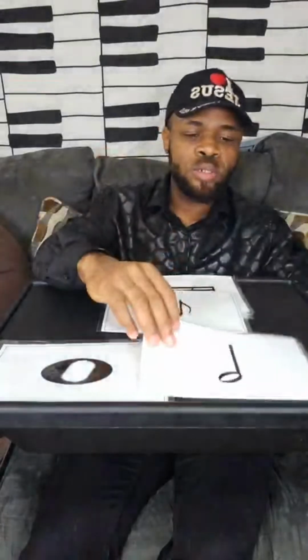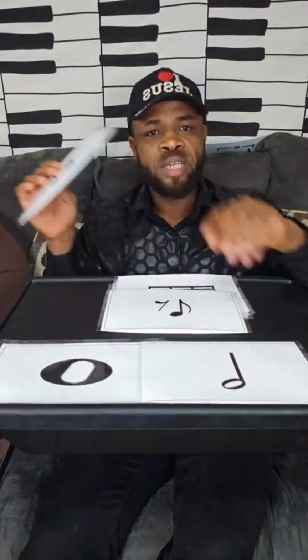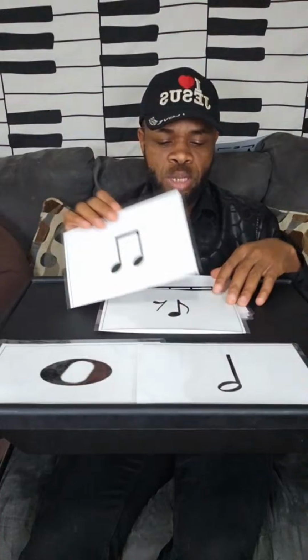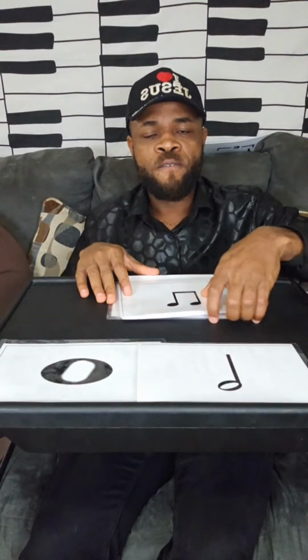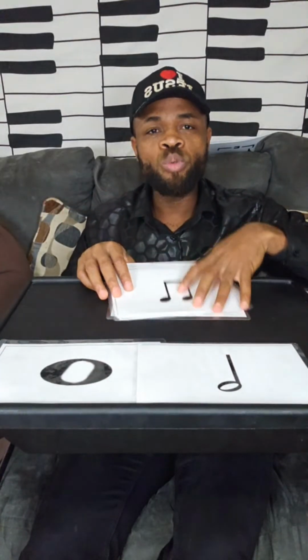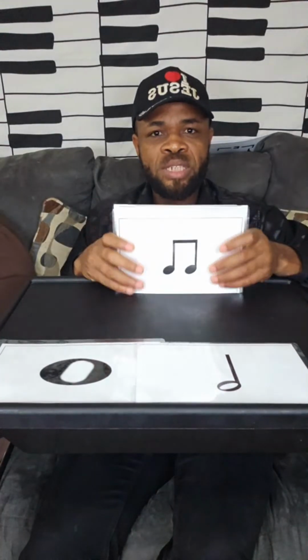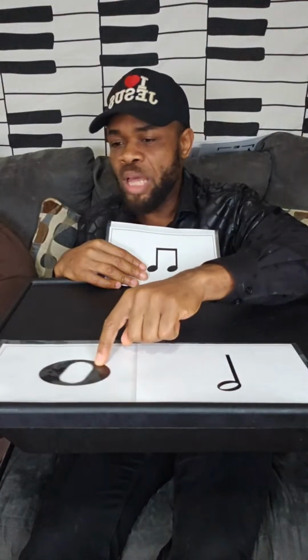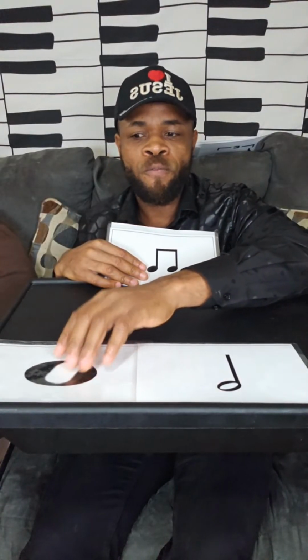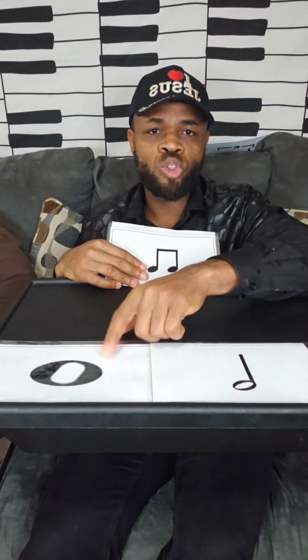Then this one is a half note. A half note lasts for 2 beats. So if you're playing this one and it has to last for 4 beats, this one lasts for 2 beats.